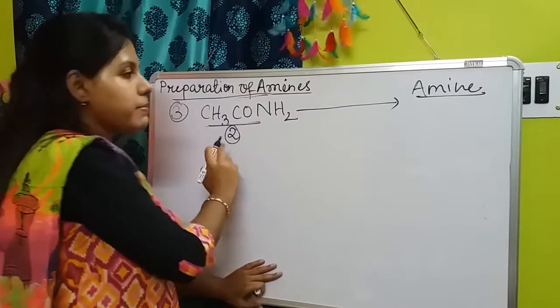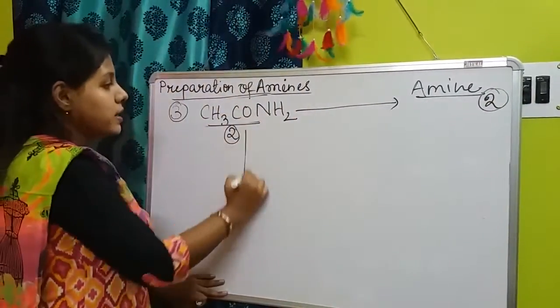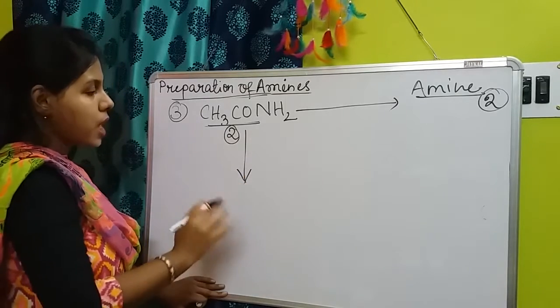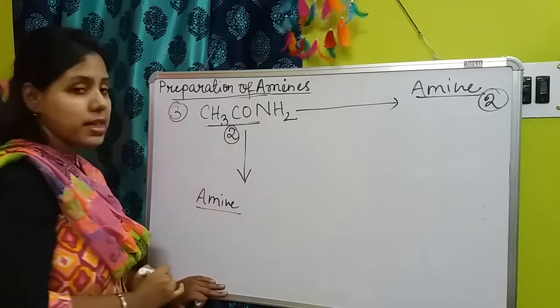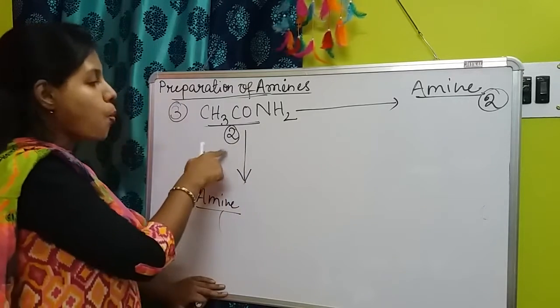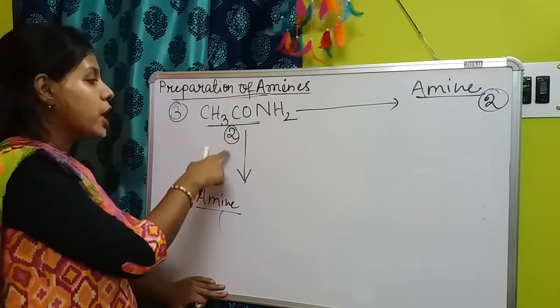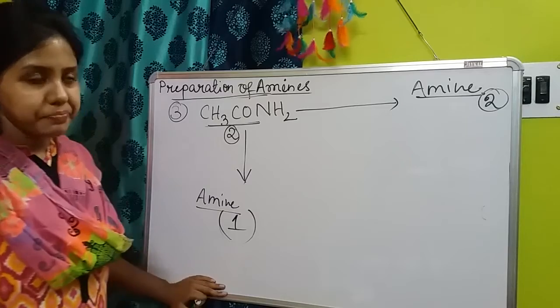So one amine we will get here will have the same number of carbons, that is 2, and in the second process we will get another type of amine where the number of carbons will be 1 less. That means 2 minus 1, there will be 1 carbon atom.